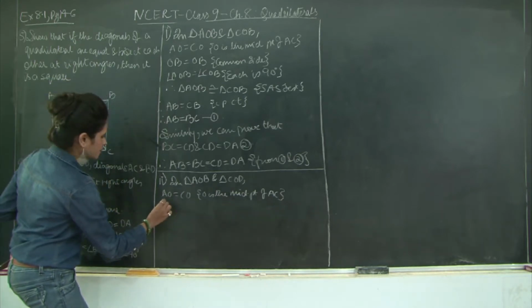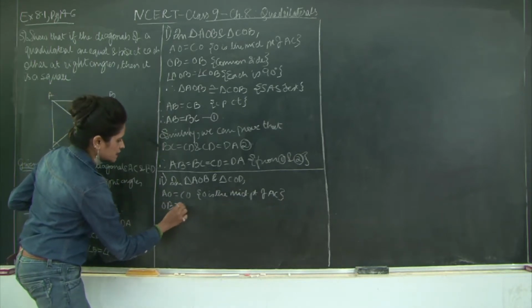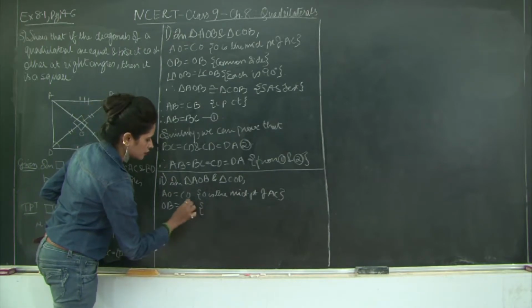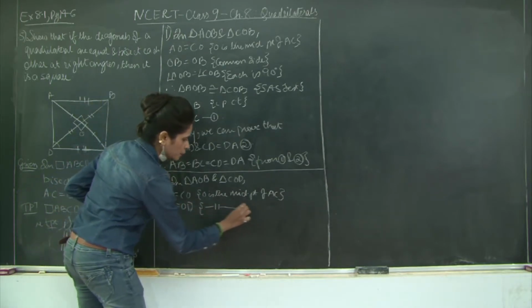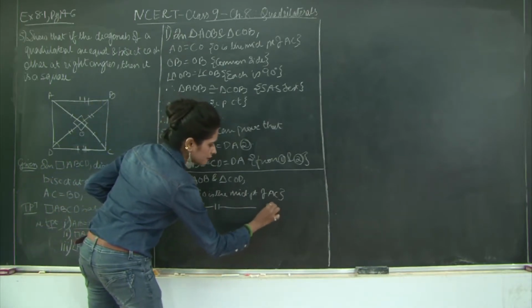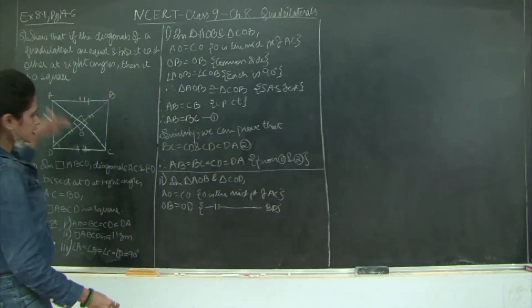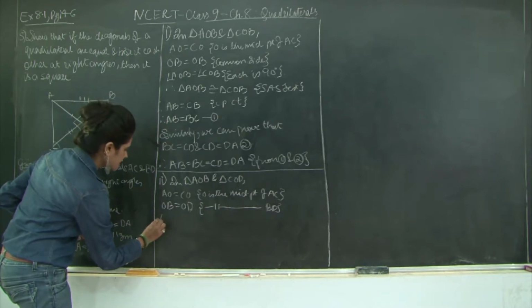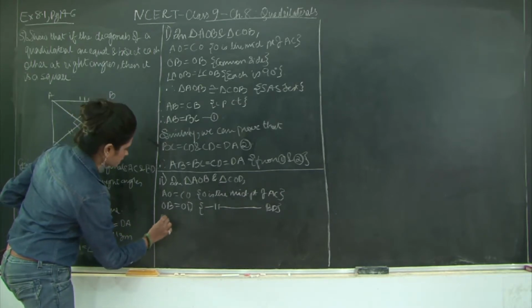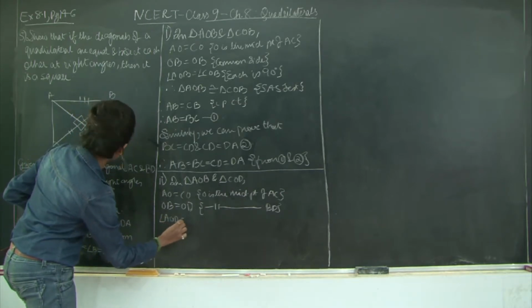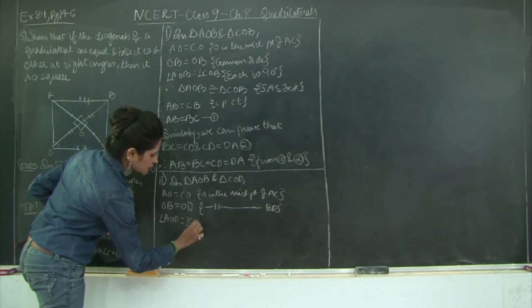Also I have OB is equal to OD. Again, O is the midpoint of BD. Correct? And my angles here are 90 degrees. That is angle AOB is equal to angle COD. Why?